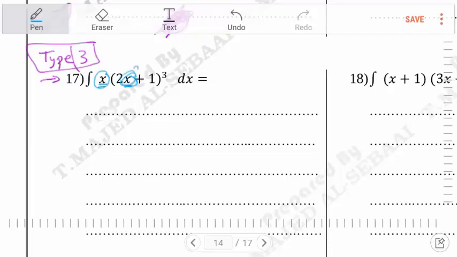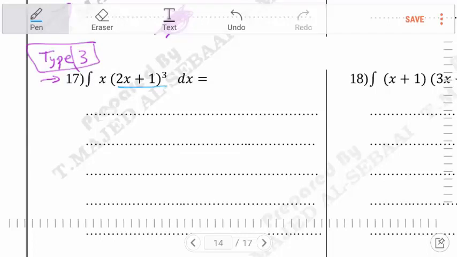If this is x squared and this is x, that's it. We will use the first type. You understand? Yes. But now I will have to use substitution because opening this is a long story.